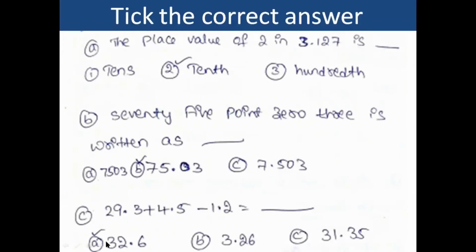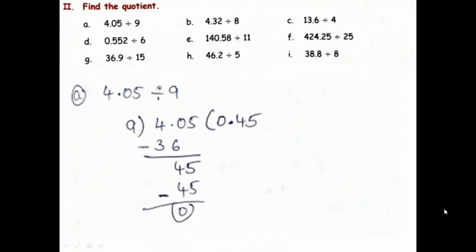Find the quotient. Example A1: 4.05 divided by 9. 9 is the divisor, 4.05 is the dividend. In the quotient, put 0 point.